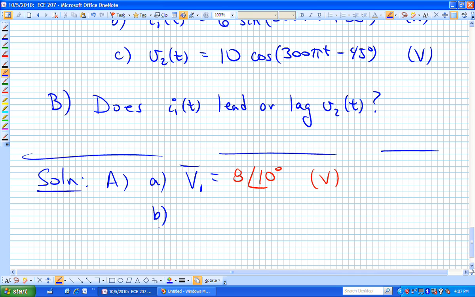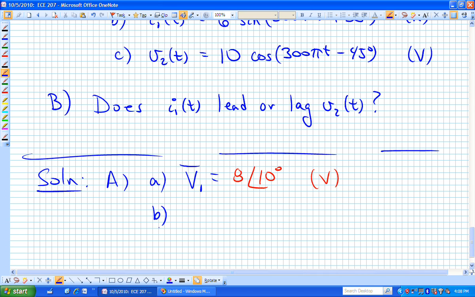Somebody could give you a snapshot in time, but if they're spinning at different rates, they're going to catch up or slow down, and that particular separation won't really occur except every so often if they're integer multiples of each other. So it's not a valid question to say one's leading or lagging if they're at different frequencies. I would just say they have different frequencies.